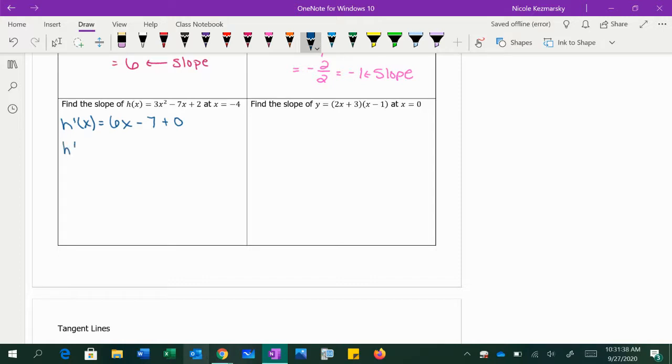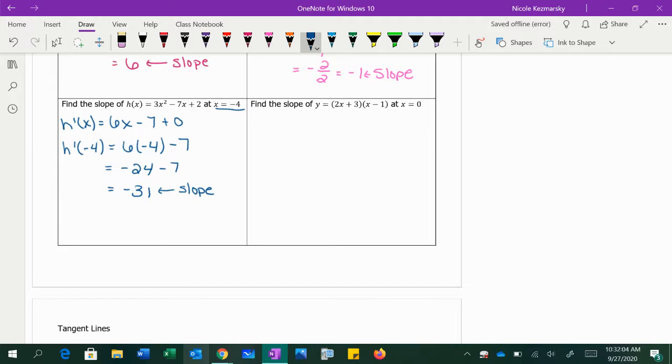To find h prime at -4, because it did tell me at -4, I'm going to plug in -4. So we're going to do 6 times -4 minus 7. I'm going to ignore the 0 because it's not going to impact my answer. So we've got -24 minus 7, which is -31. And that is the slope.